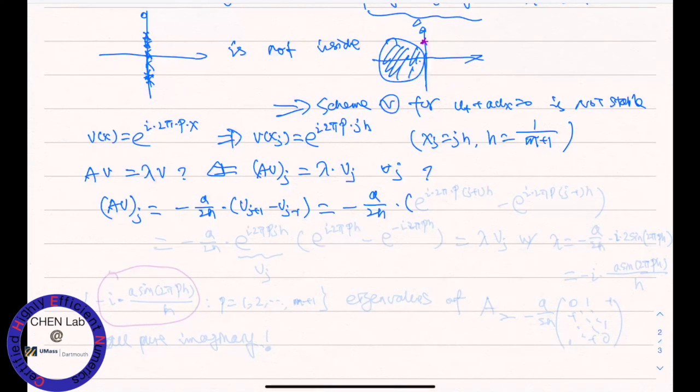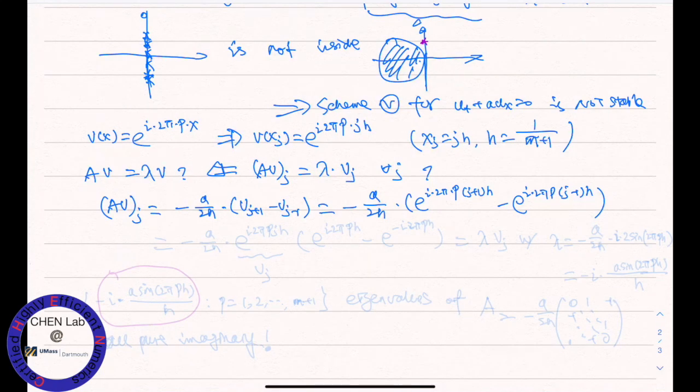You would have e^(i 2 pi p (j+1)h) minus e^(i 2 pi p (j-1)h), okay?